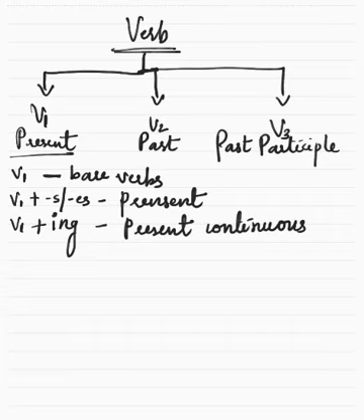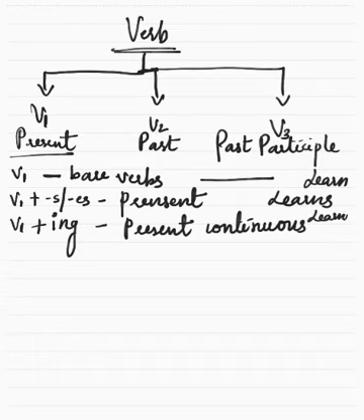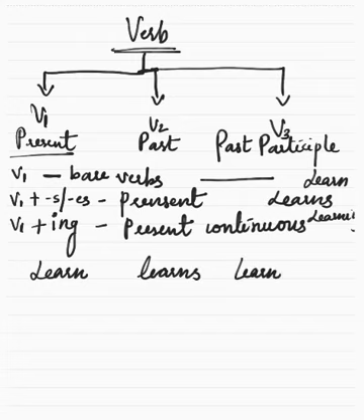I'll give an example for V1, for example, learn. The s or es form is learns, and the ing form is learning. Now I'm going to write these words: learn, learns, learning.